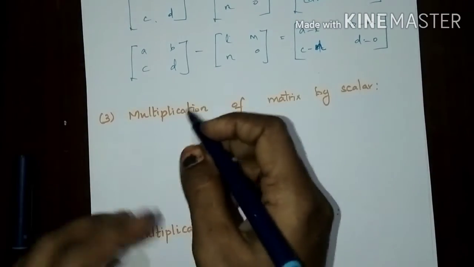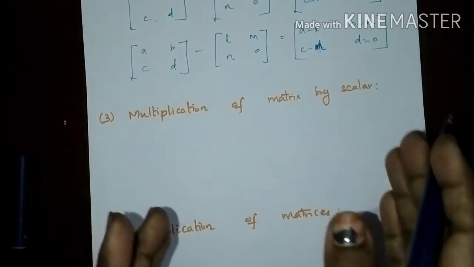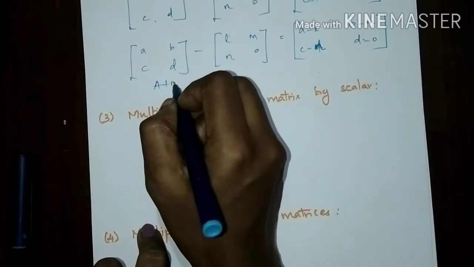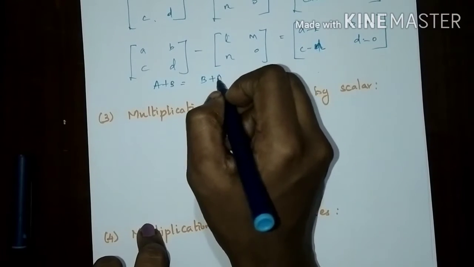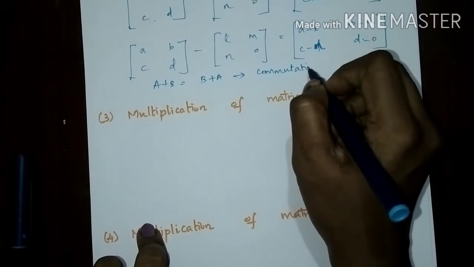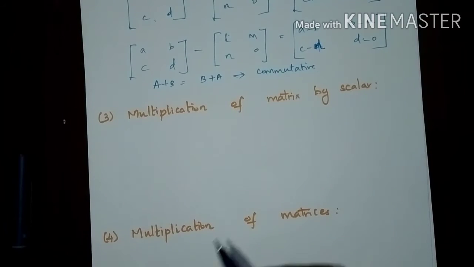And we can make an observation from these conditions that addition of matrices is commutative. That is, we can write A plus B is equal to B plus A. Addition of matrices is commutative. Addition with subtractions is associative.